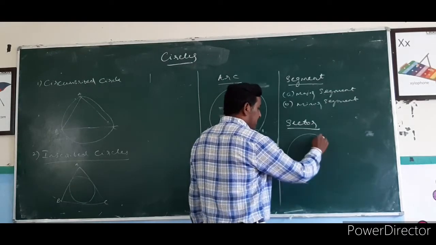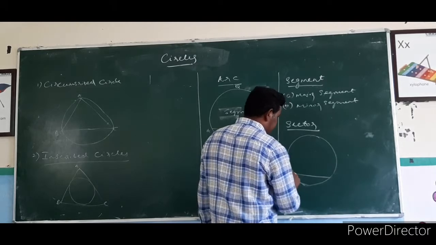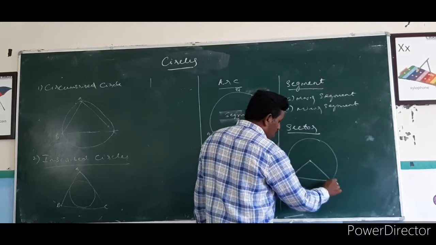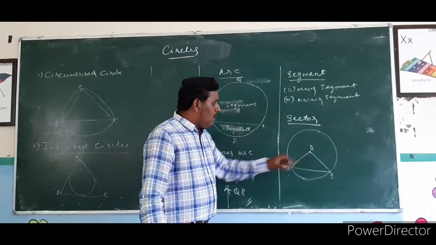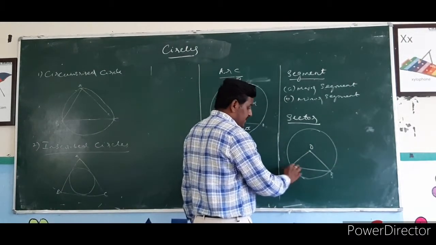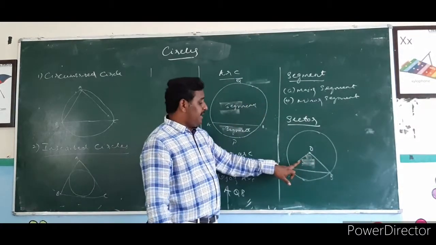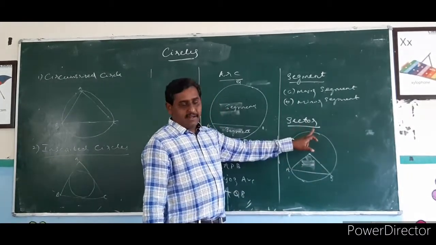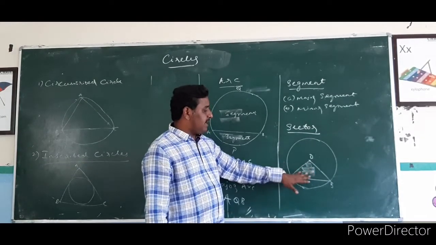If I consider a circle with a center and draw two radii, the region bounded between the two radii and the arc is called a sector. The smaller one is called the minor sector.